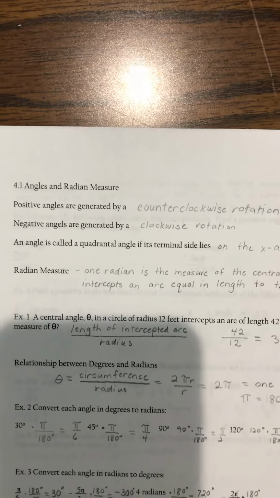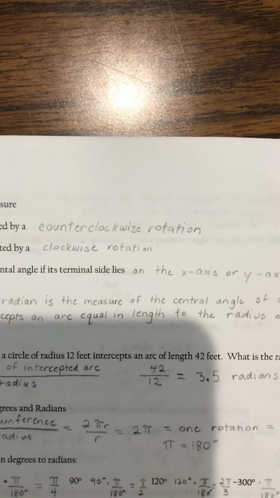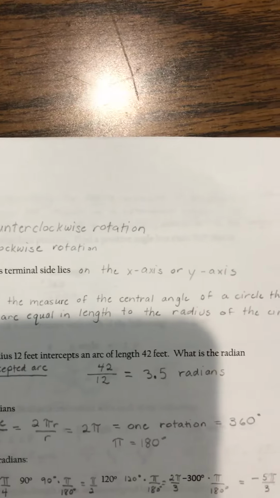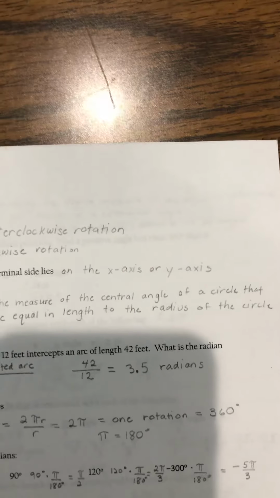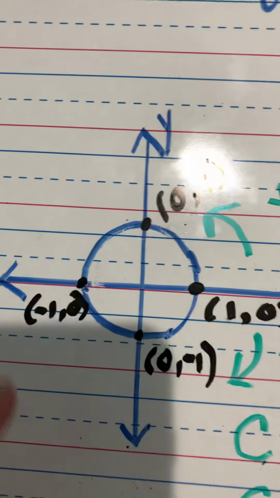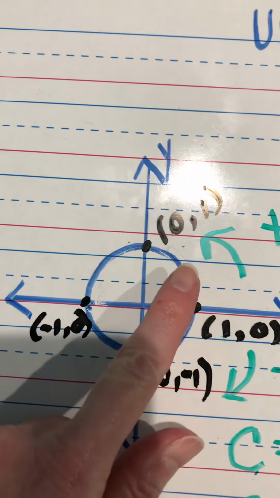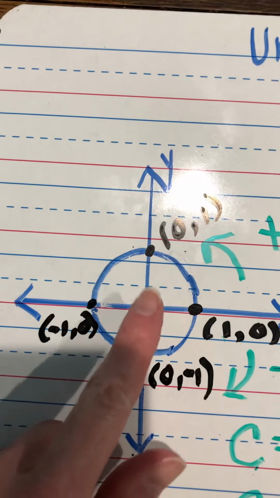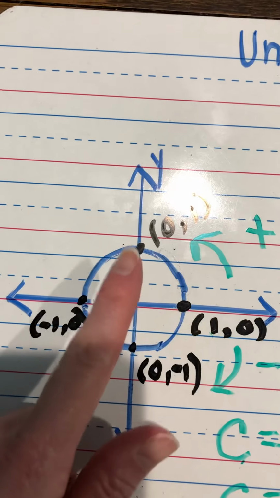An angle is called a quadrantal angle if its terminal side lies on the x-axis or y-axis. So what that means is if you make a turn, this is the initial side, and then however far you turn, if you end up on an axis and not somewhere else in the middle, it's going to be a quadrantal angle.